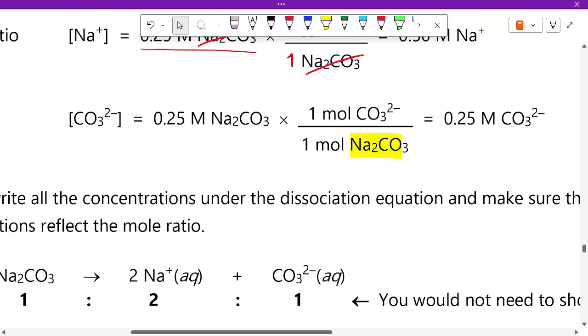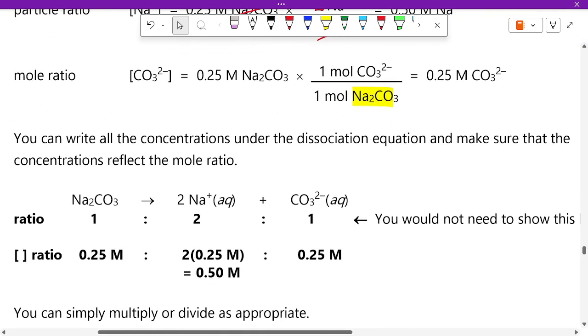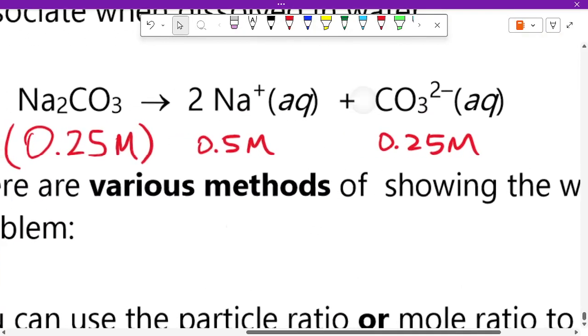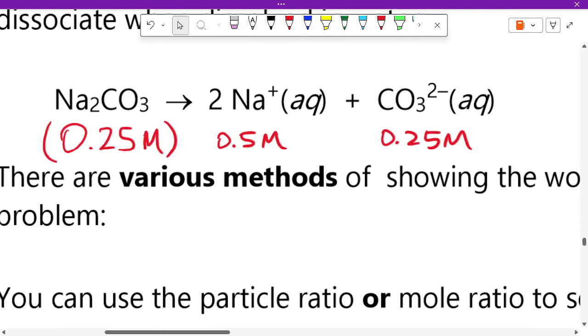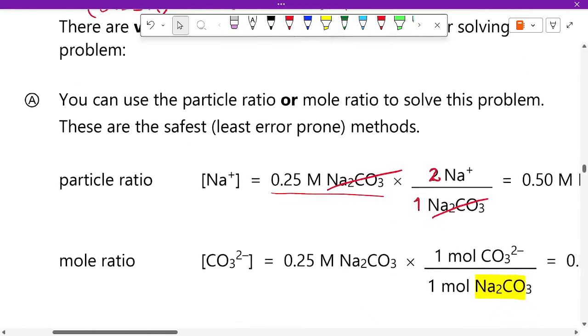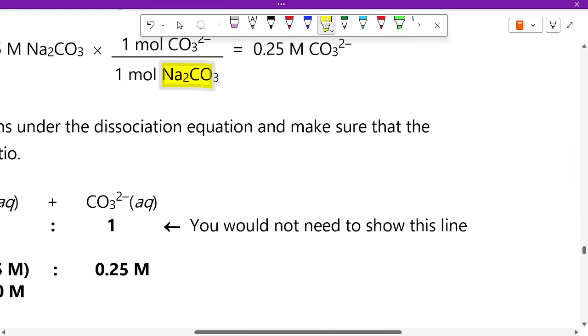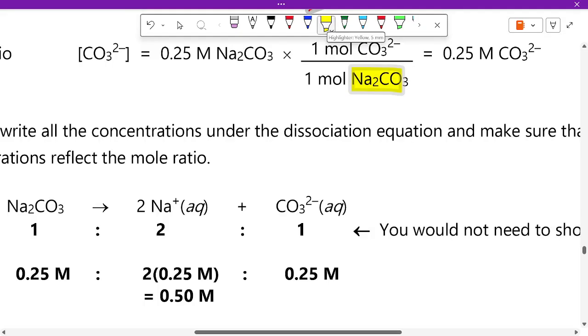You can write all the concentrations under the dissociation equation. So that's like what I did up here. Yes? I knew this was a 1 to 2 to 1 ratio, and you can just write them underneath. You do not need to write this ratio. Okay, you would not need to show this line.